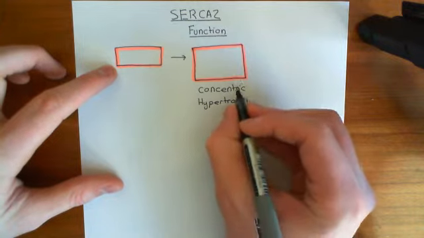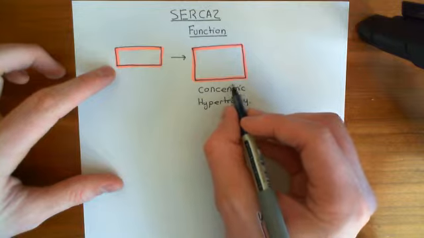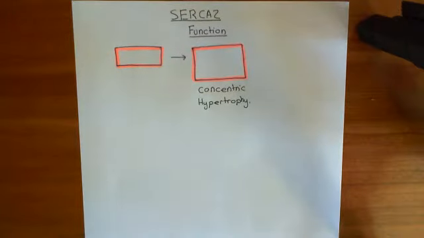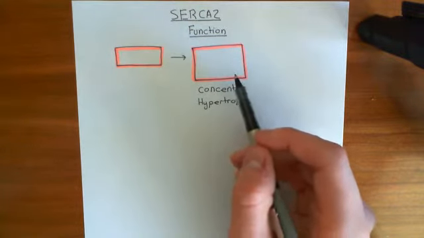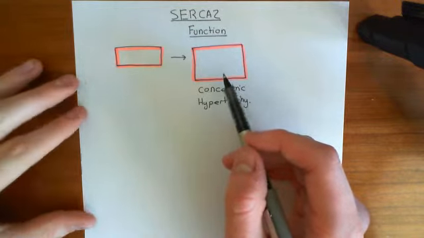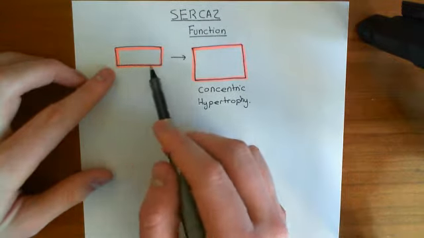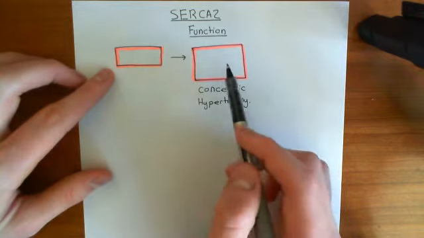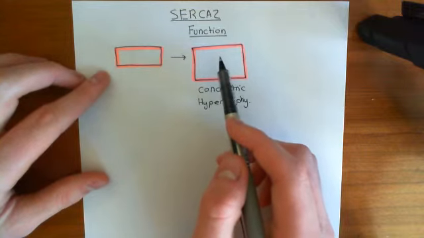However, the problem is that it's short-lived. Initially, it will be able to generate a greater amount of force. However, later on, the amount of force that this concentric hypertrophied cardiomyocyte is capable of generating will actually decrease to lower than the level of force that this pre-hypertrophy cardiomyocyte was capable of generating. So it's sort of like a short-lived solution, works for a while, but then things go wrong.